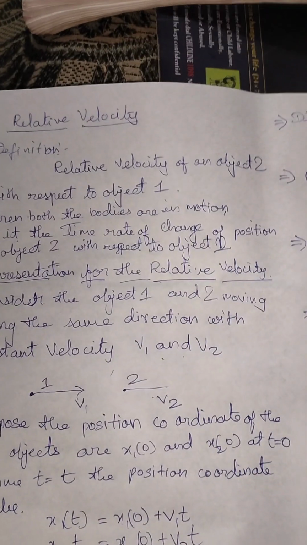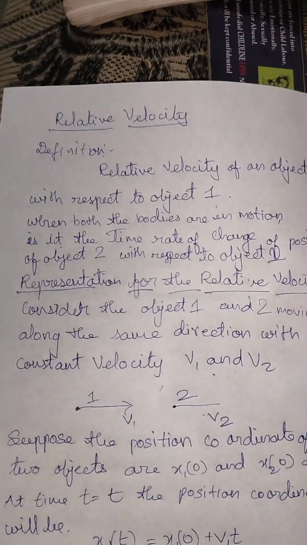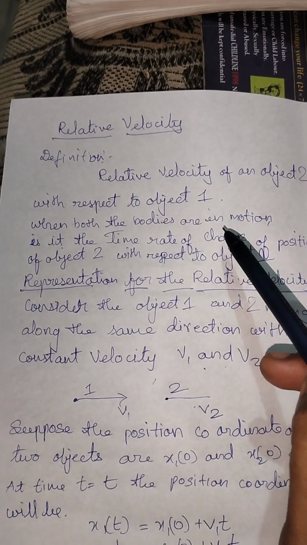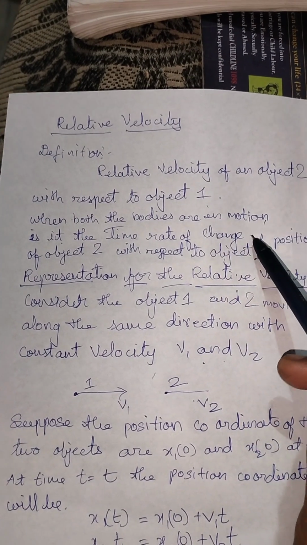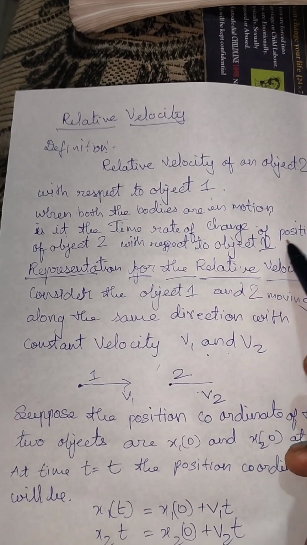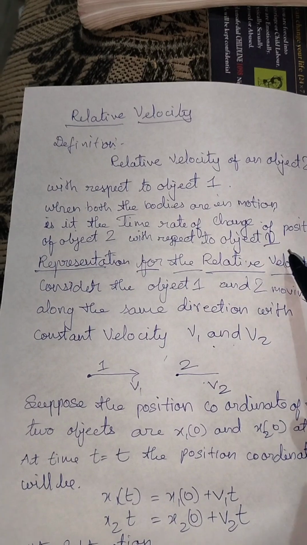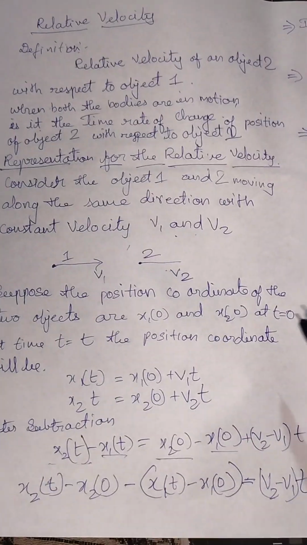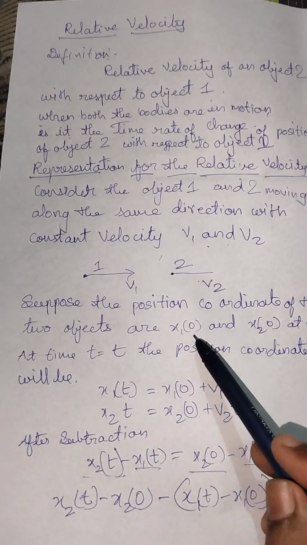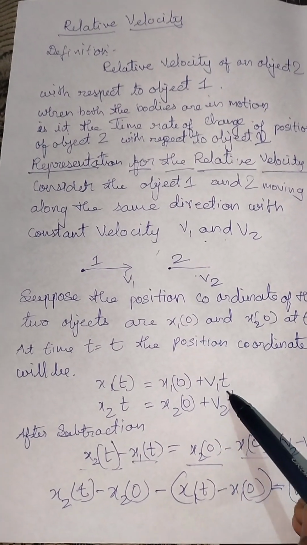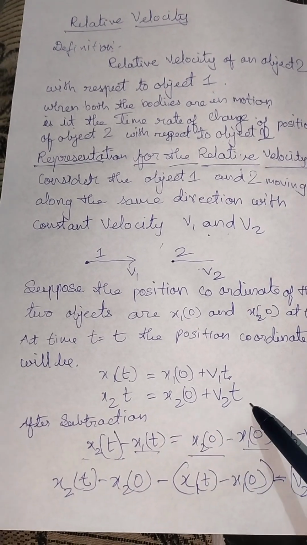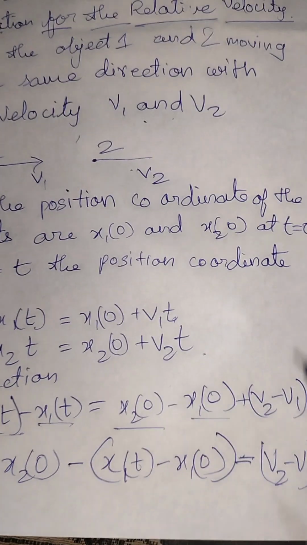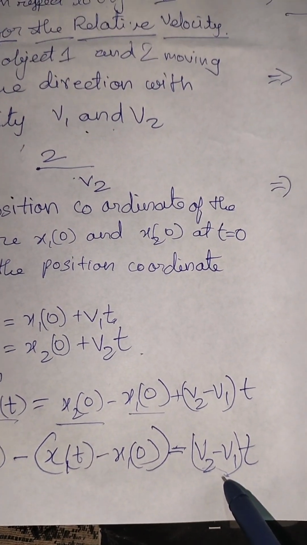Let's recap to understand more clearly. This is the definition of the relative velocity of object 2 with respect to object 1, where both are bodies in motion: the time rate of change of position of object 2 with respect to object 1. Subtracting the positions gives v2 minus v1 into t.